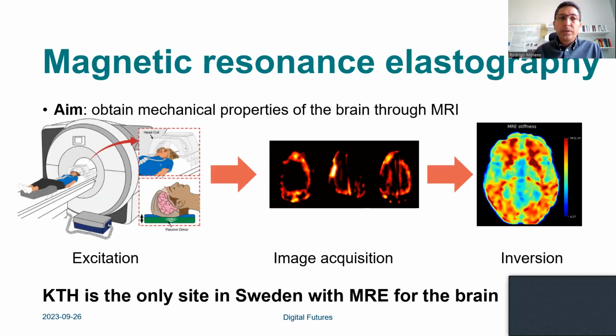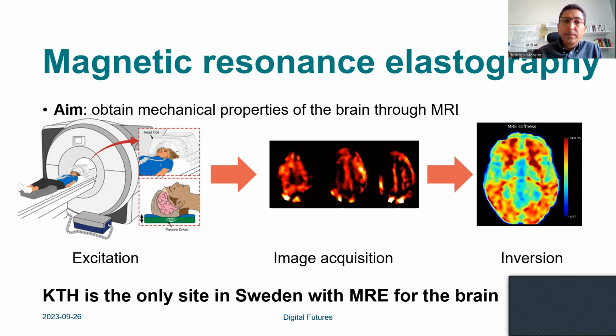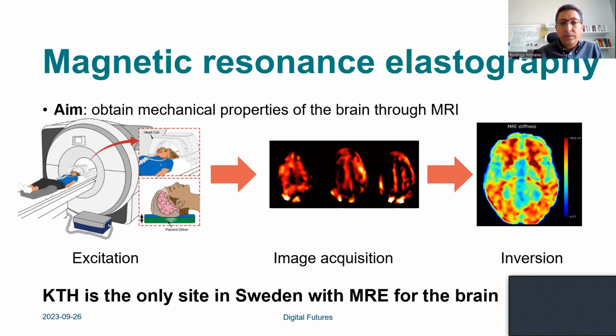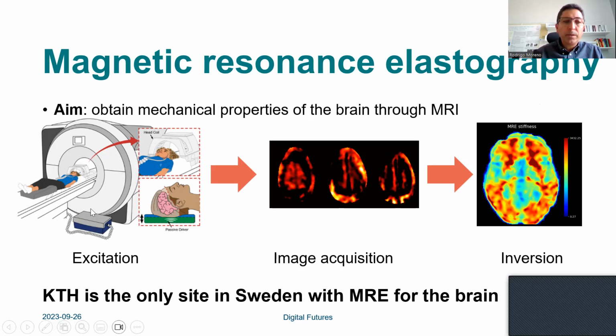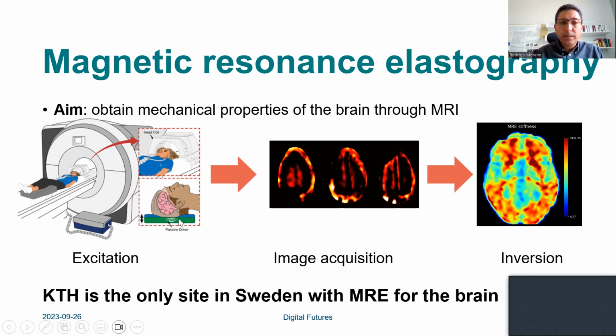So let's go for magnetic resonance elastography. As I said, this is a method to obtain mechanical properties of the brain through MRI. And this is how it works. So it has three phases. The first phase is to excite the tissue, in this case, the brain. So we have a pump, a pneumatic pump that is connected to a pillow that is put on the back of the head.